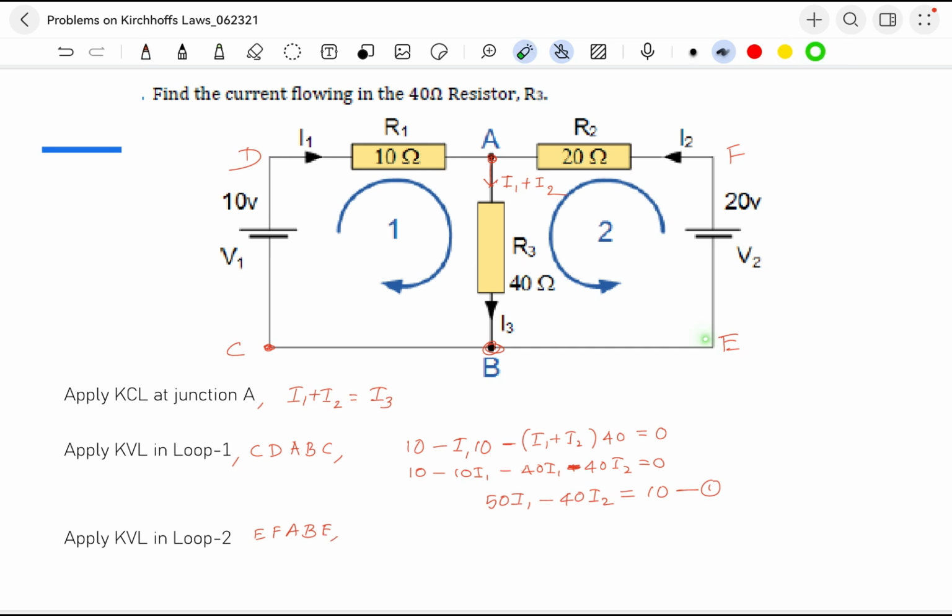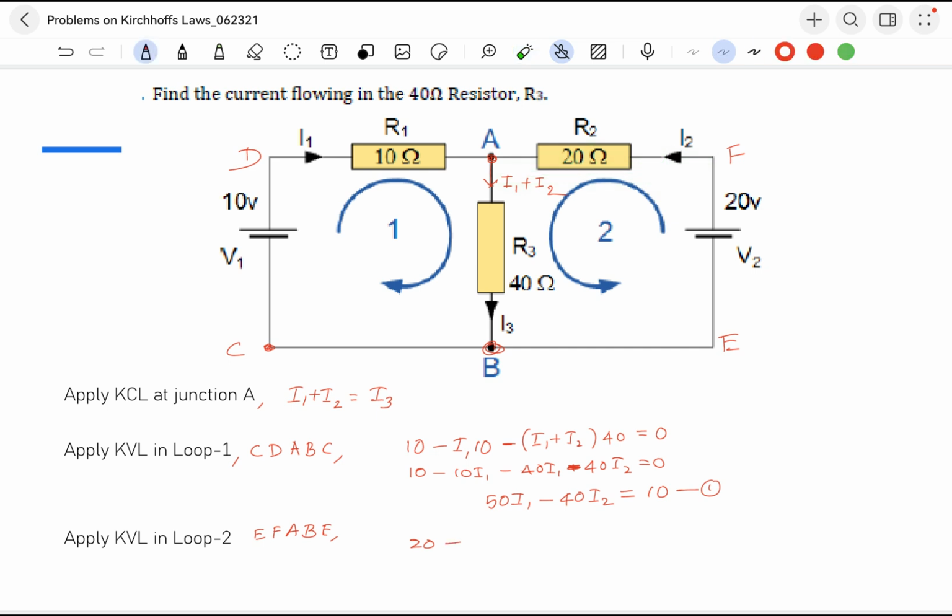When we move from E to F, I got the battery, so negative of the battery to positive, so this is the rise, low to high we are moving, so plus 20, finish. Then F to A, so we are moving in the direction of the current in the resistor. Same direction means voltage drop.